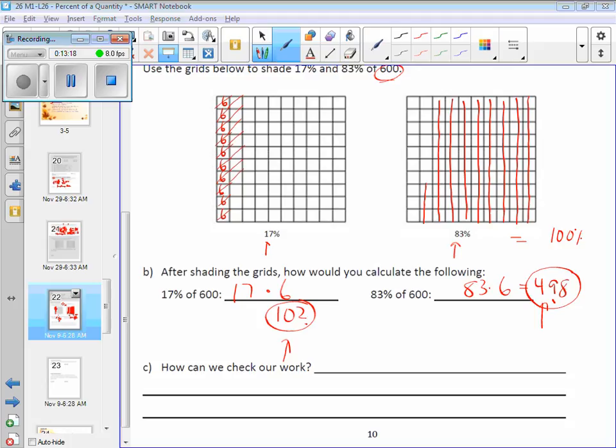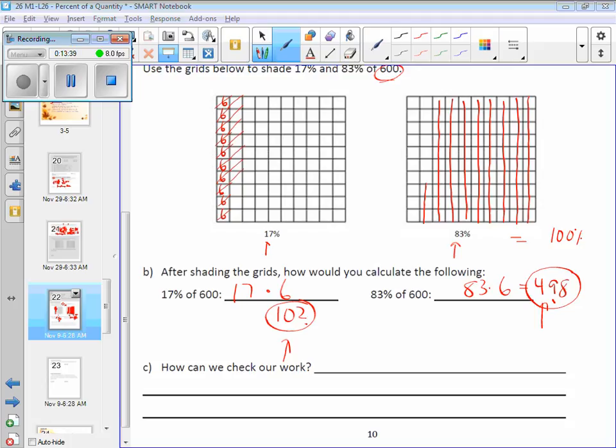What if I told you that the entire grid is worth 1,000, and I shade 17%? Which would be? Might as well do it. 17 times 10, add a 0. 170. So you kind of get that down, right?